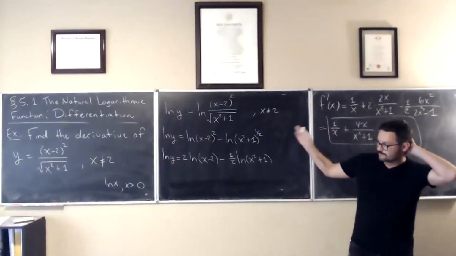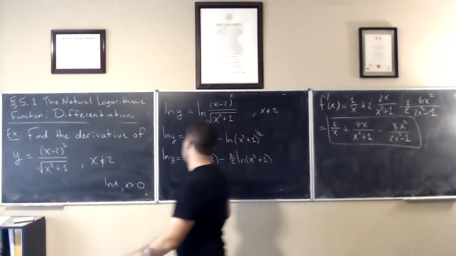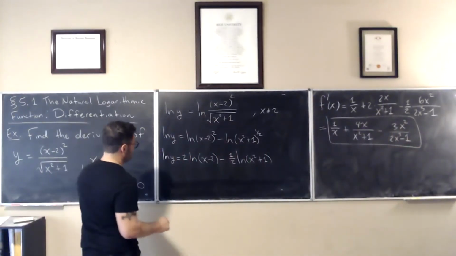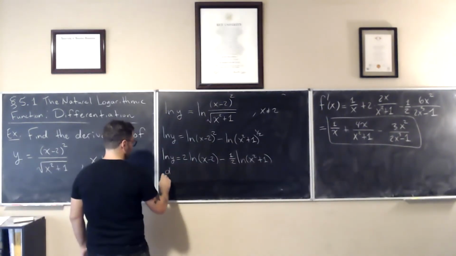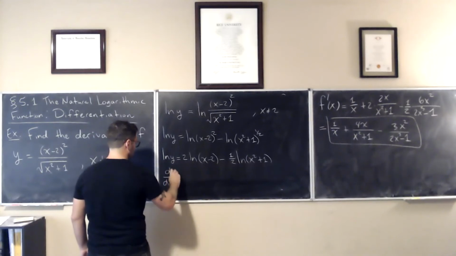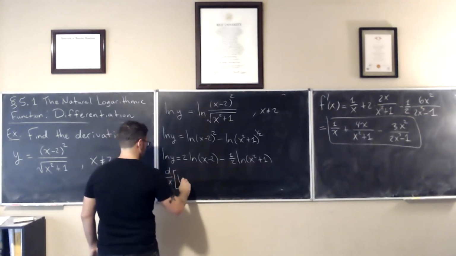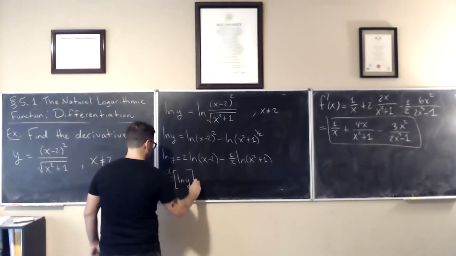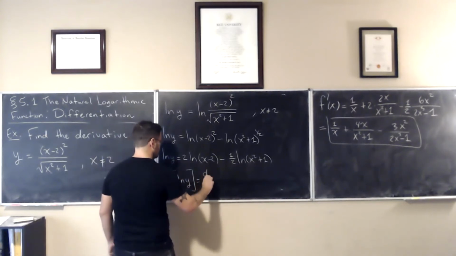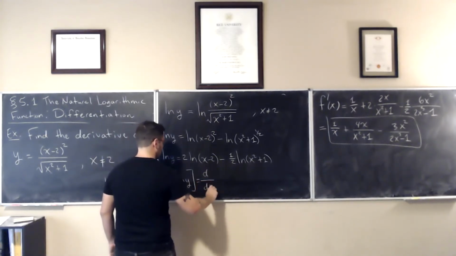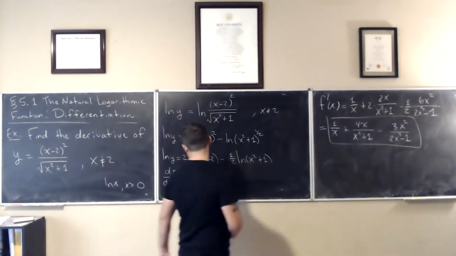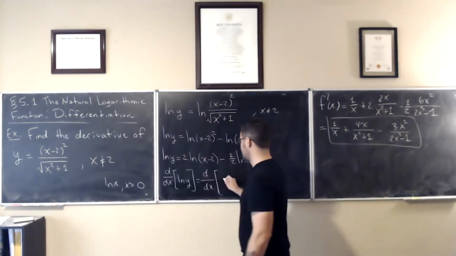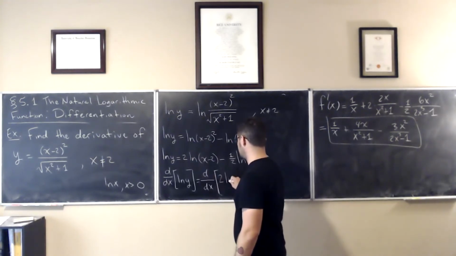We can take the derivative on both sides, right? So yes, let's go ahead and do that, using the excellent Leibniz notation. I love this notation, just to illustrate that we're taking the derivative on both sides.